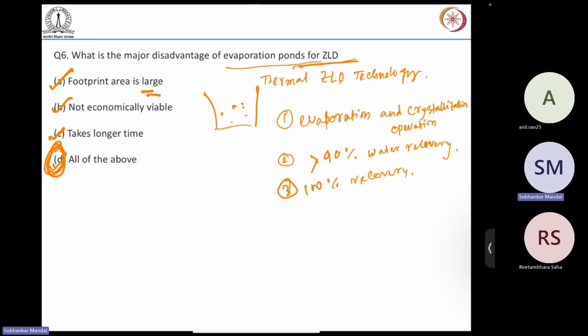And expensive corrosion resistant materials are required for this method. So this is the disadvantage.